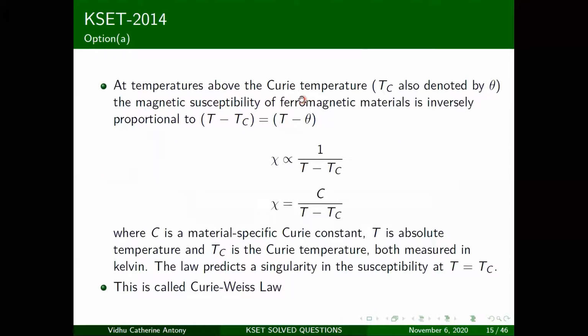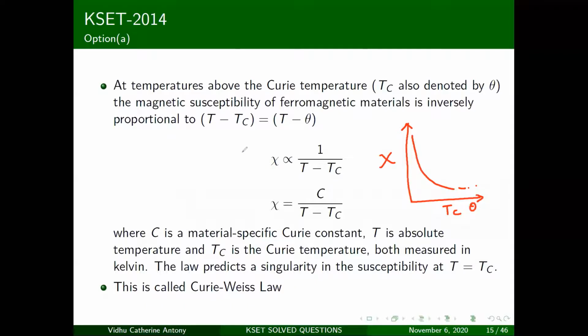At temperatures above the Curie temperature, I think you might have seen this kind of diagram in your BSc. What you have here is a critical temperature called the Curie temperature Tc, and you would have your susceptibility here, so this curve would be coming off like this. You would have some temperature theta.